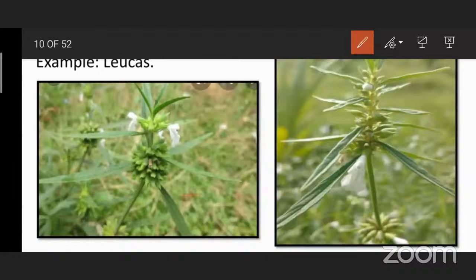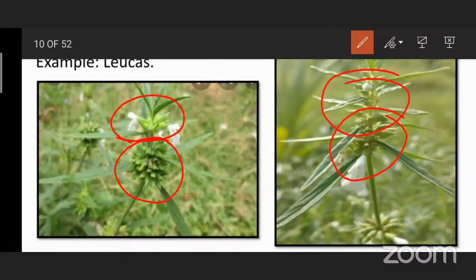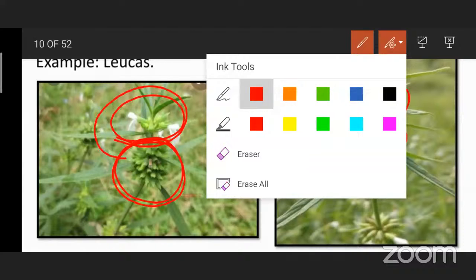This type of inflorescence begins as a dichasial cyme, but eventually turns monochasial, forming floral whorls around the nodes. Example, Leucas.